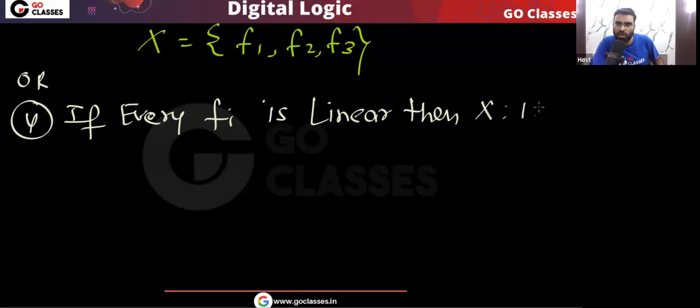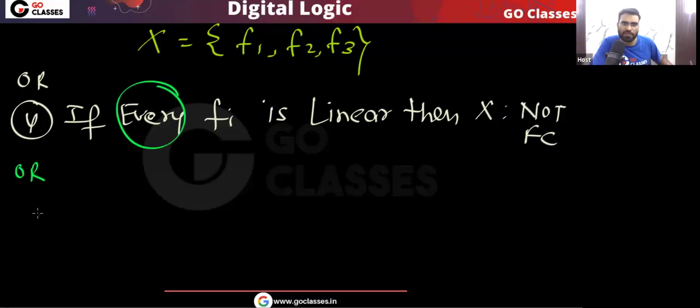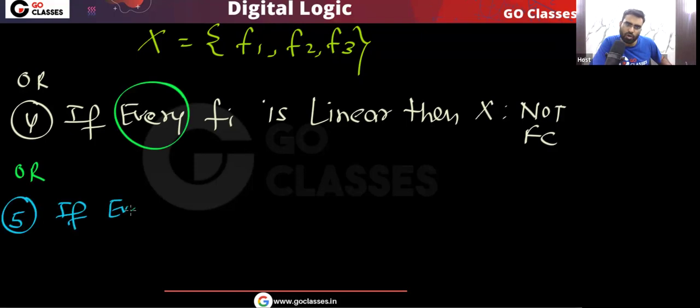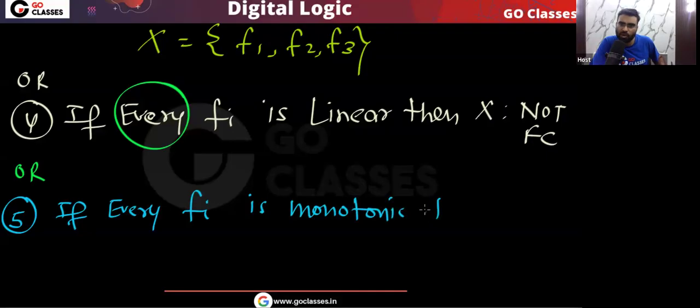Then also X is not functionally complete. Okay, clear? Remember, if every fi is linear, then also X is not functionally complete. And finally, if every fi is monotonic, then what will happen? Then also X is not functionally complete.